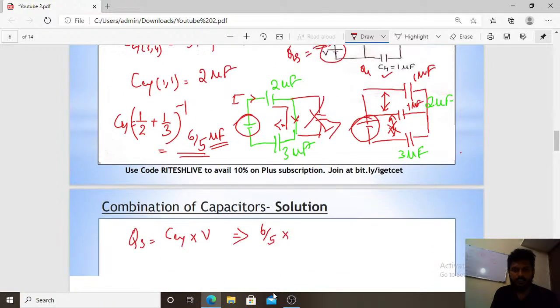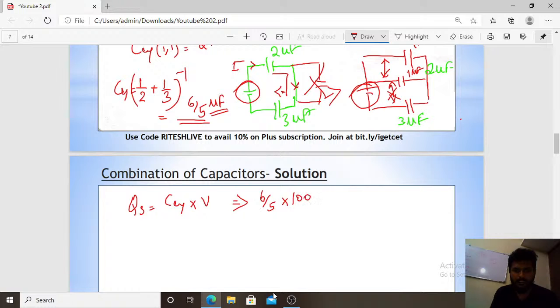Okay, so if it is 100, then the answer will be 5 ones are 5, 20, so Q net will be 120 microfarad. Is it right? Hope everyone got it. Yes or no? Yes. So I can write 120 microfarad as Q.